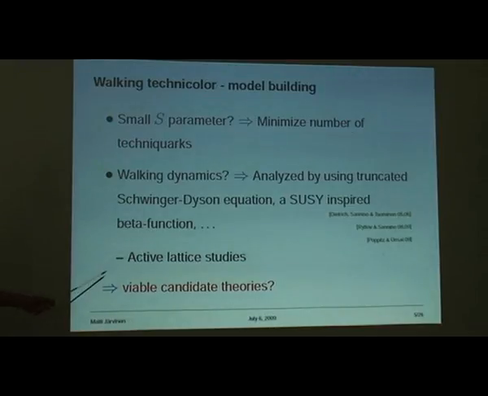And more recently, there are many groups working on this kind of theories on the lattice. I didn't even try to include all the work which is being done there, and I'm not really an expert on these things. I won't discuss it, but maybe Kari will.